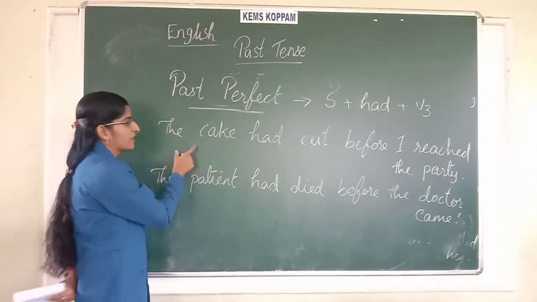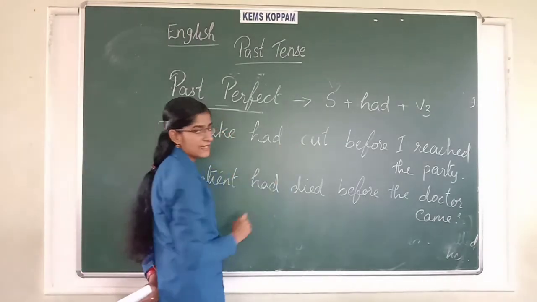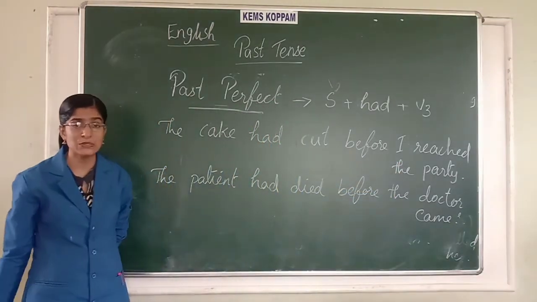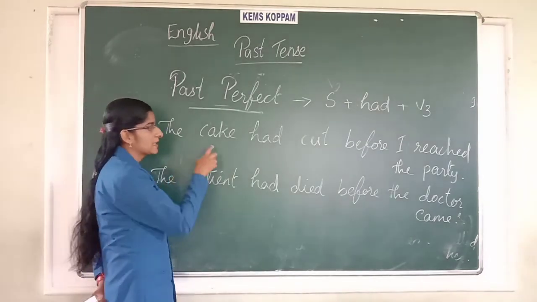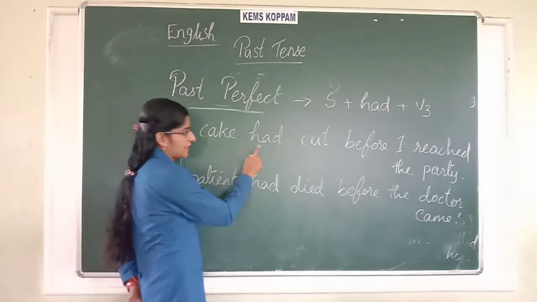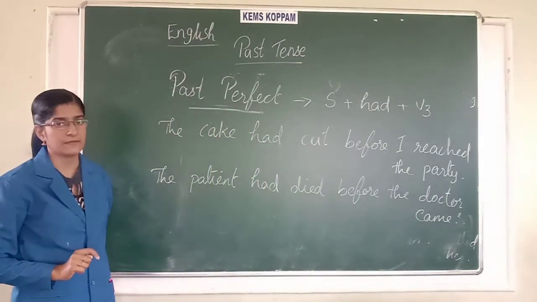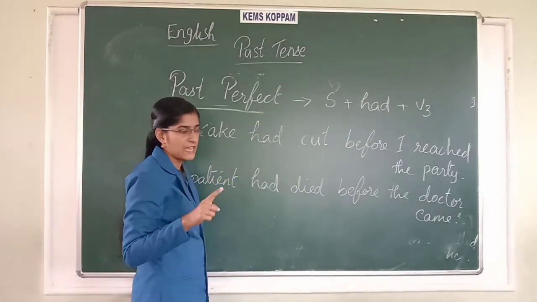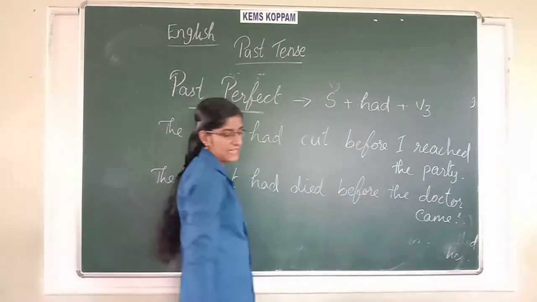Okay, so here we can see two actions. The cake had cut. I reached the party. Two actions are there. Okay, but so when there are two actions, the first finished action is said in past perfect. Okay, the cake had cut. First action, before I reached the party. Okay, this is the second action.